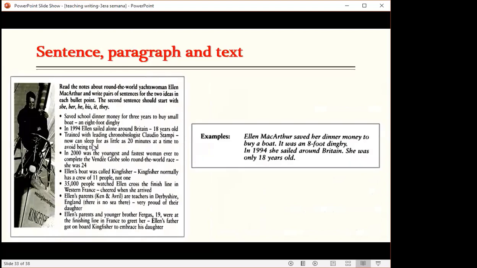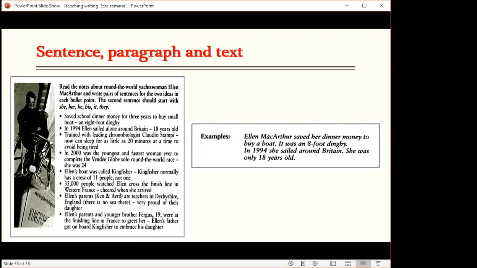So they start writing sentences like this. Ellen MacArthur saved her dinner money to buy a boat. It was an 8-foot dinghy. So instead of repeating "a boat" or "the boat", they write "it".